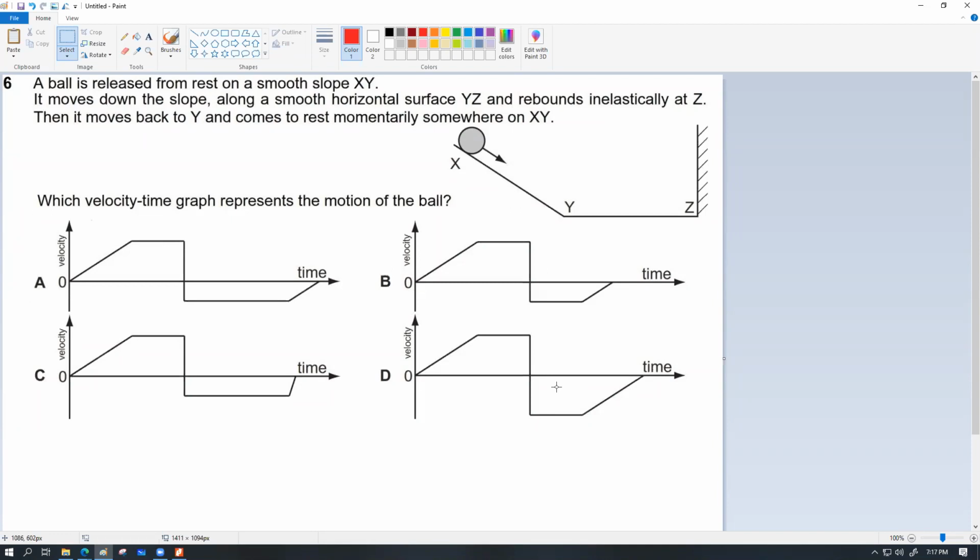Then how do you change the question for C?